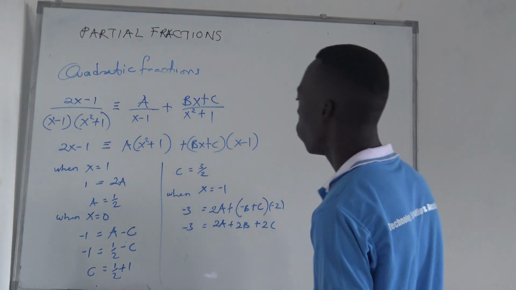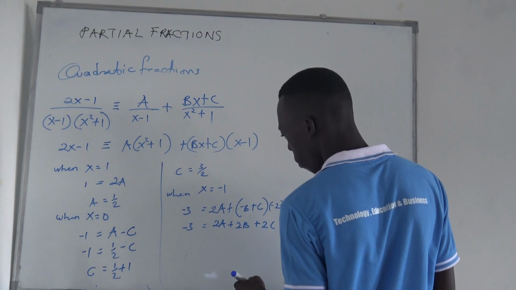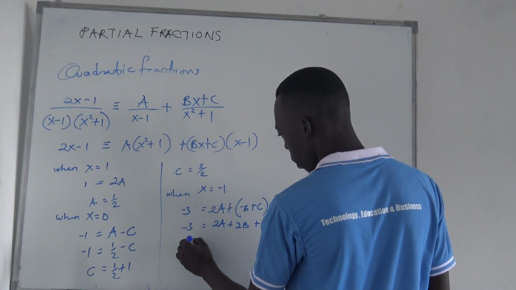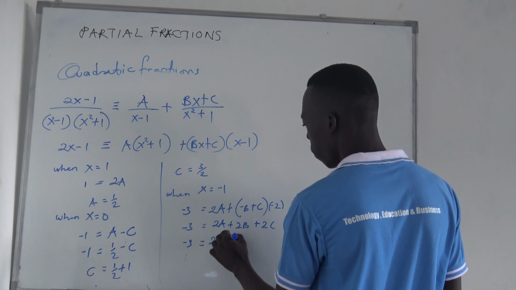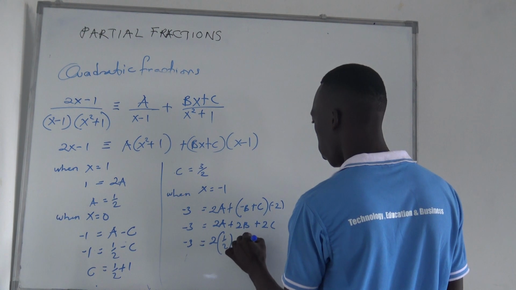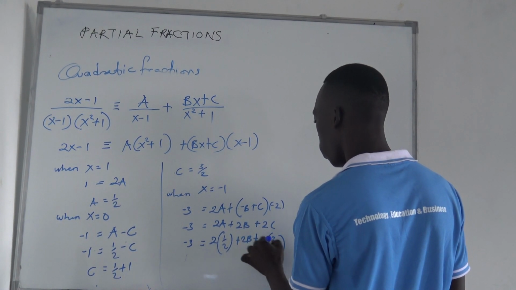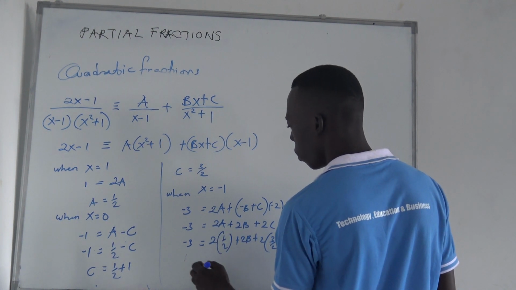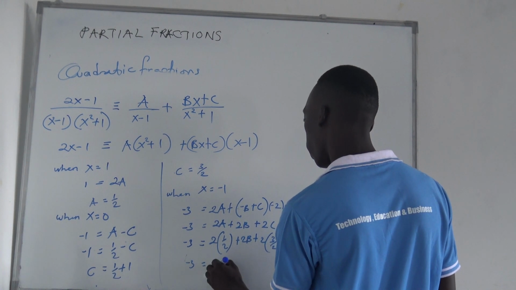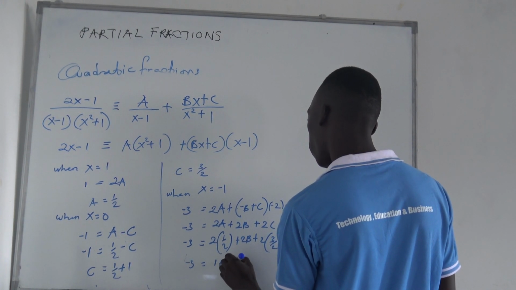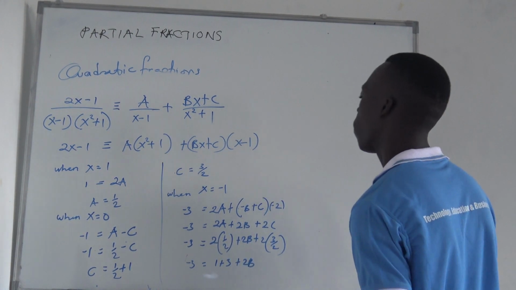So put in the values of A and C, and we get the value of B. That means negative 3 equals 2 into a half plus 2B plus 2 into 3 out of 2. We reduce this, giving negative 3 equals 1 plus 3, plus 2B, which gives us 4.